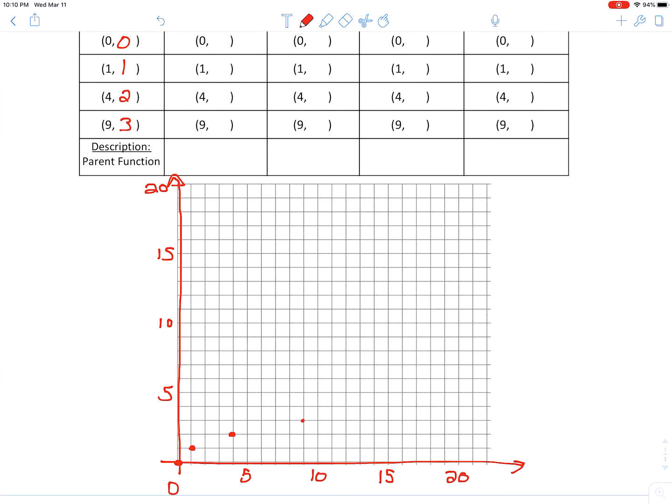We have the opportunity to make our next point, which we usually haven't done. It's 16, comma 4. Here's the original square root function, and that's f of x.